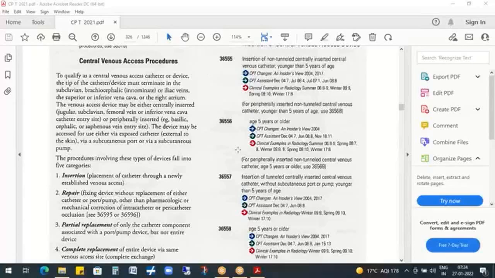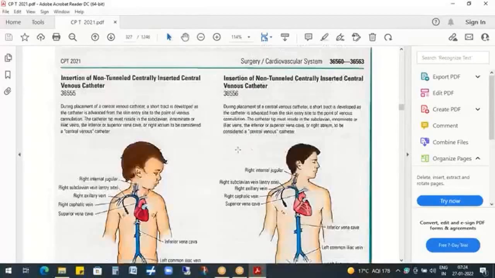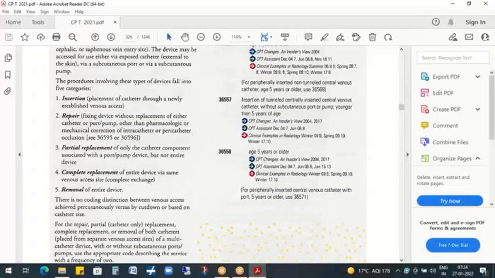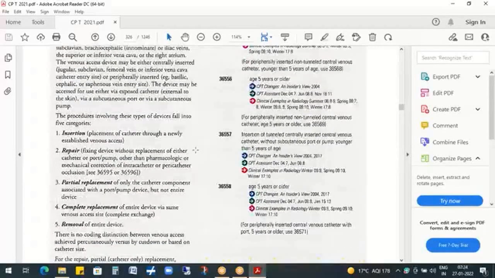Now write down the rules. CVAD procedures. First point, age of a patient. Second one, centrally inserted or peripherally inserted. Okay, strike it out. Write it like this: catheter or device.